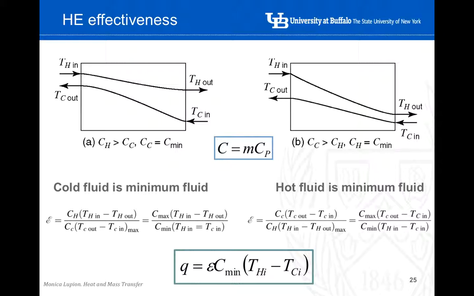Performing the analysis using this parameter, this capacity of the system, we can define the efficiency of the heat exchanger as this formula here, depending on whether the cold fluid is the minimum capacity fluid or the hot fluid.